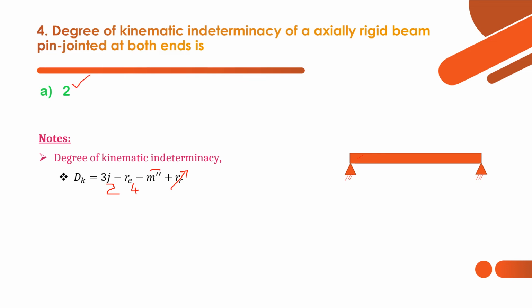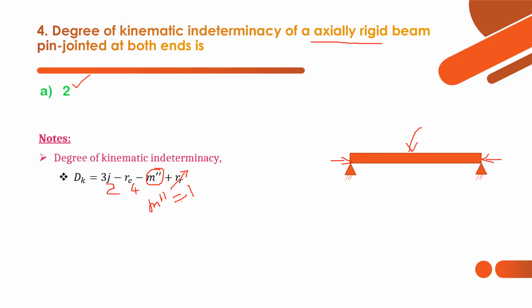So what about this m double dash? M double dash is the number of axially rigid members. They have mentioned an axially rigid beam, which means this beam is axially rigid. But we don't have to consider m double dash as 1. Why? Because the horizontal movement is already restrained by the supports.